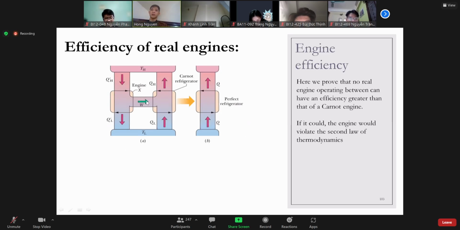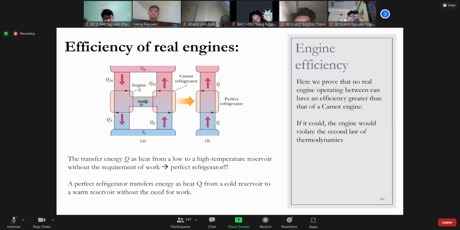Our system here, the engine coupled with the Carnot refrigerator, can work as a perfect refrigerator. So in a perfect refrigerator, we do not need work to transfer the heat from the cold reservoir to the hot reservoir. So this is the equivalence of our system.